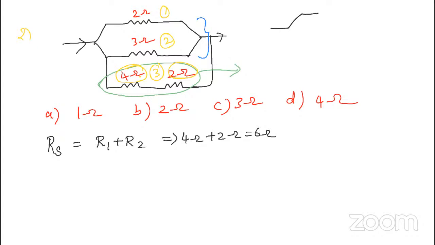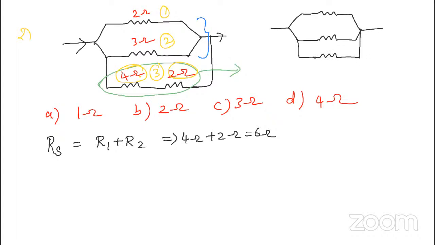Here it is 2 ohms. This remains as it is. And here it is 3 ohms. This also remains as it is. And here this connection we have converted into only one resistor.